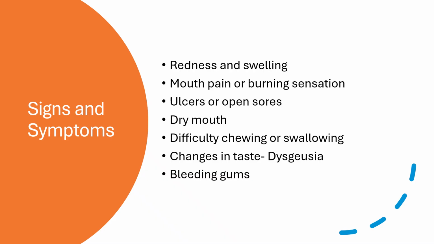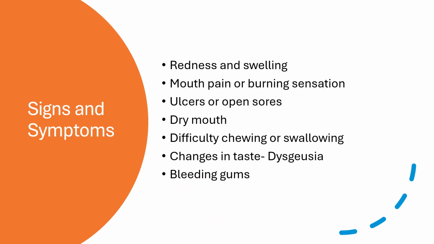Some signs and symptoms of mucositis include redness and swelling in your mouth, mouth pain or burning sensation, ulcers or open sores, dry mouth, difficulty chewing or swallowing, and changes in the taste of your foods.